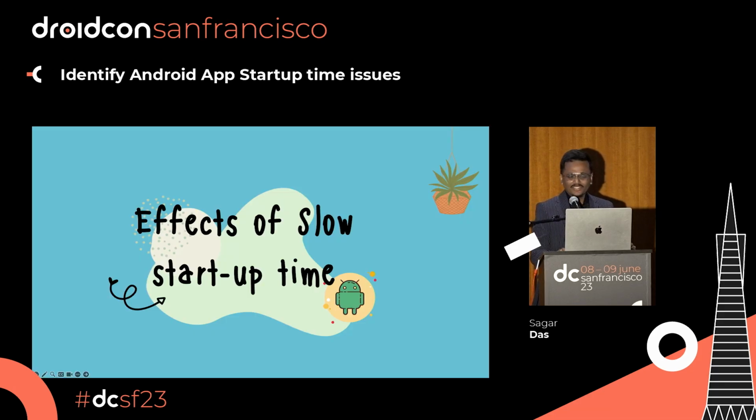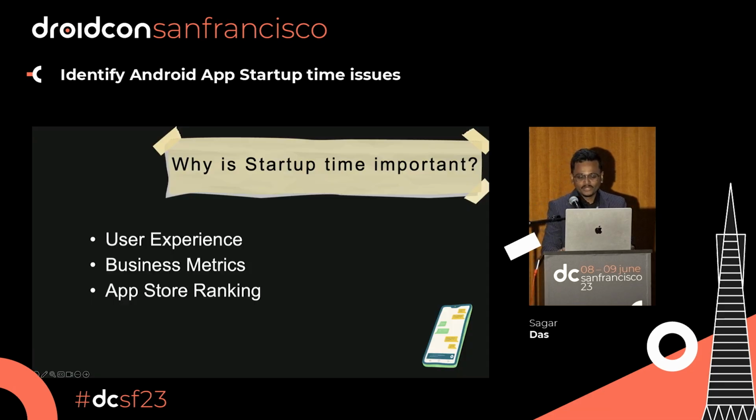Anyway, what are some of the effects of slow startup time? The obvious one is user experience, especially for Gen Z and Gen Alpha, who have very short attention spans. With Android specifically, in the Play Store you would have at least 20 different alternatives for your particular app.